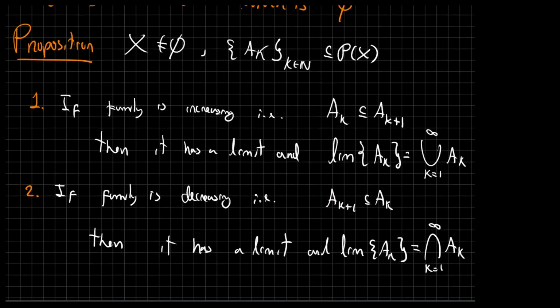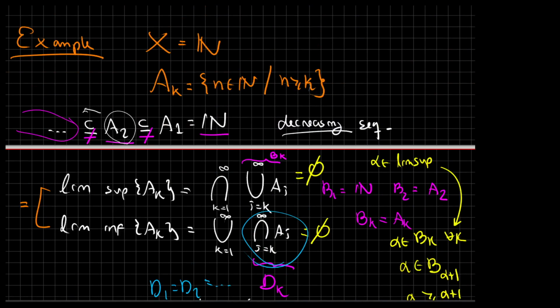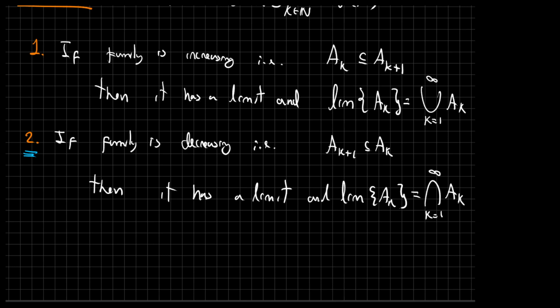So the second property is exactly what happened with our example. So now let's do it formally. For the first property, we go by definition. Let's start with the limit of the infimum. So the limit of the infimum is the union of intersections.